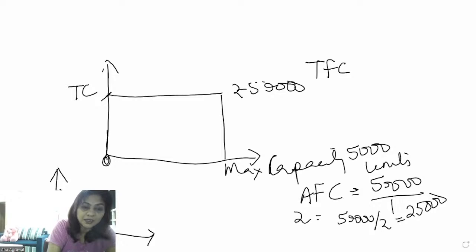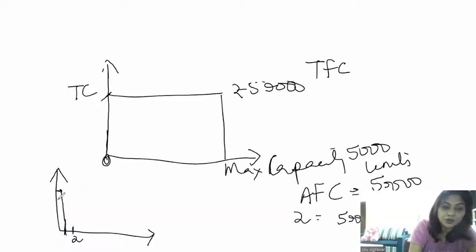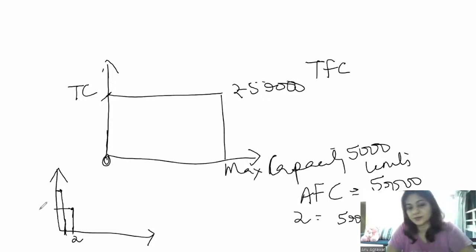So that means if I produce 2 units, the cost per unit will come down to 25,000. Similarly, if I produce 4 units, the cost will come down to 50,000 divided by 4, 12,500. I produce 10 units, it will be 50,000 divided by 10, which will be 5,000.